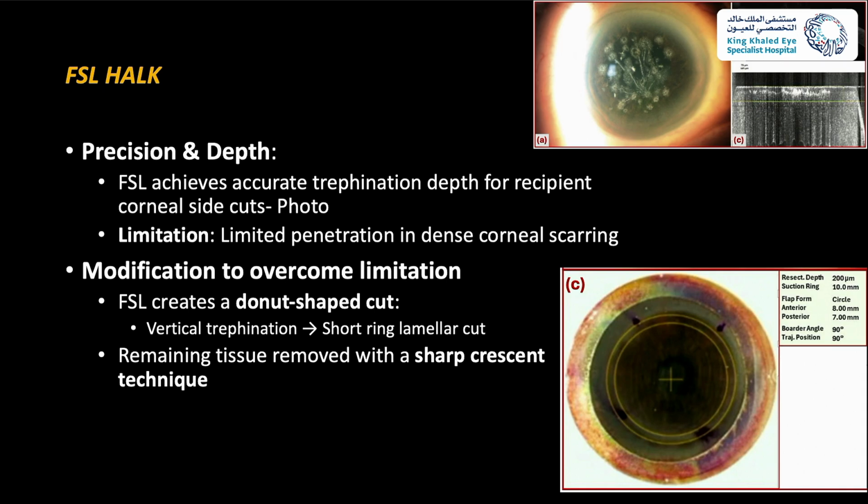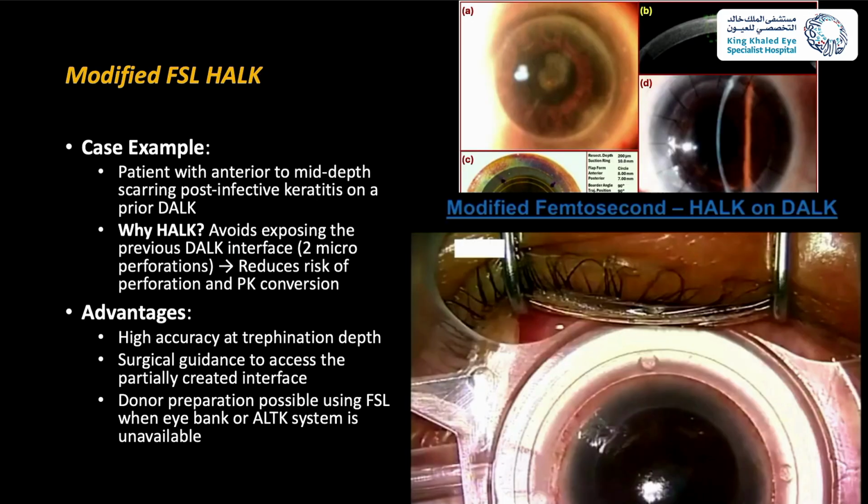So the first case was reported to do a vertical trephination, mainly here, to just reach a depth just below the scar, and then you can use your sharp dissection to tackle the recipient bed. And even further modification in cases with dense scar where the laser cannot do a lamellar cut, you can do a donut shape cut.